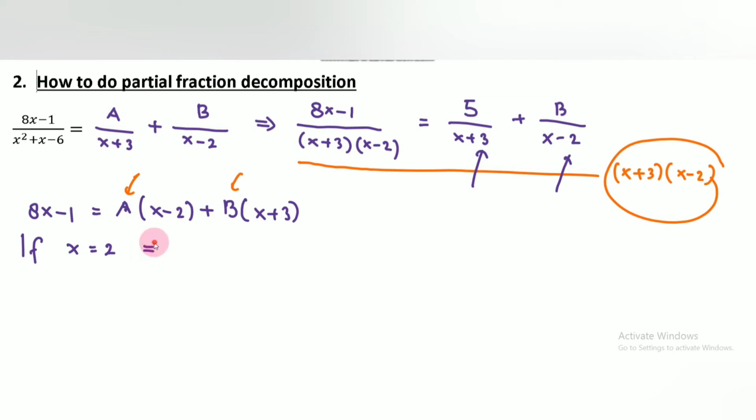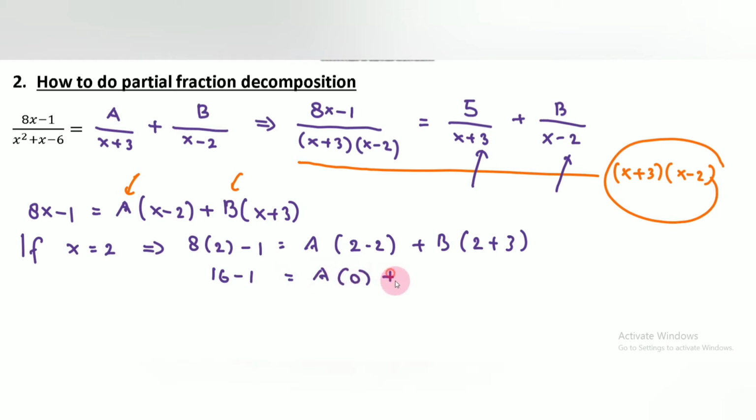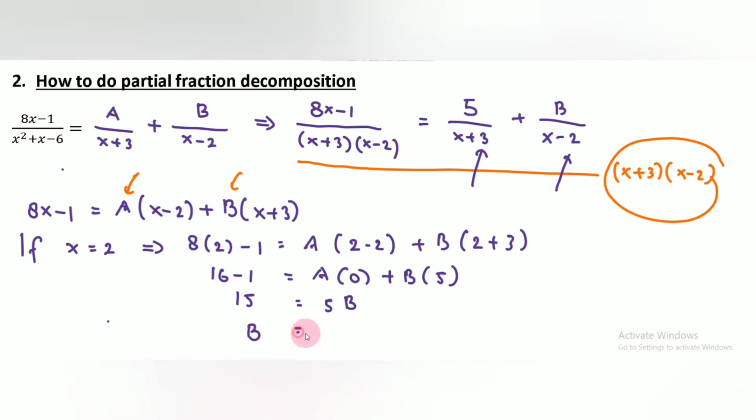If x equals 2, then 8 times 2 minus 1 equals a times 2 minus 2 plus b times 2 plus 3. So in the end, I have 16 minus 1 equals a times 0 plus b times 5. So b equals 3. Therefore, I know that b equals 3, so this one is actually 3.